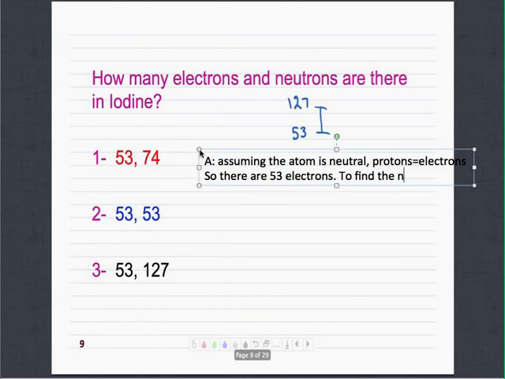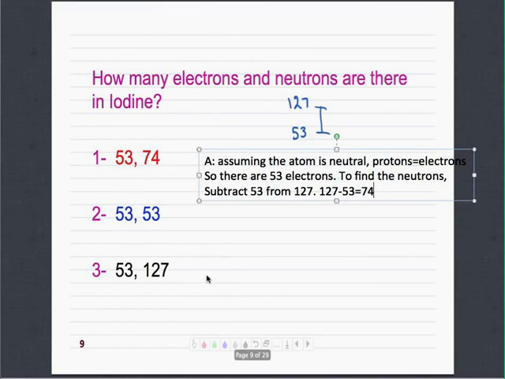So 127 minus 53, that's going to be the number of neutrons. And that brings us to 53 and 74 as the number of electrons and neutrons. So we know that the number of protons is equal to the number of electrons, so 53, and the number of neutrons is 74, which is the difference between those two numbers.